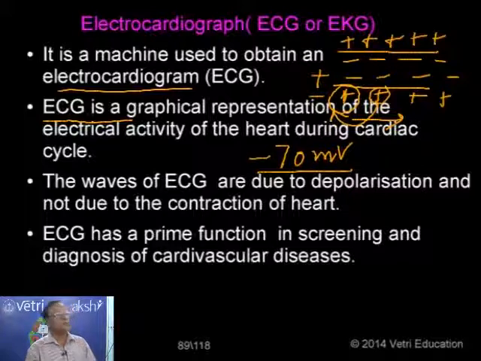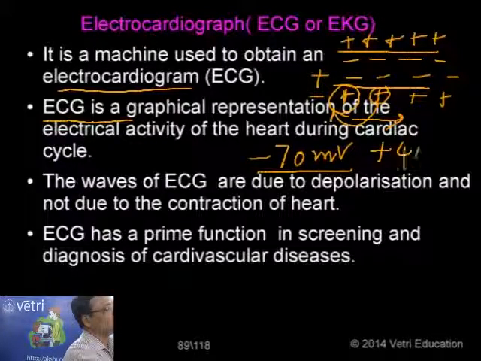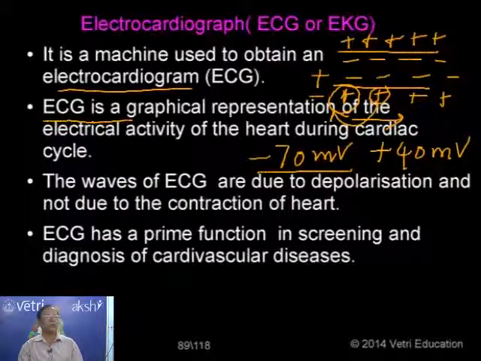So once the electric impulse is generated and the electric current is produced, we can say action potential, it is about plus 40 millivolt, from 35 to 40. Under resting potential condition, without any stimulus, the electric current is about minus 70 millivolt.